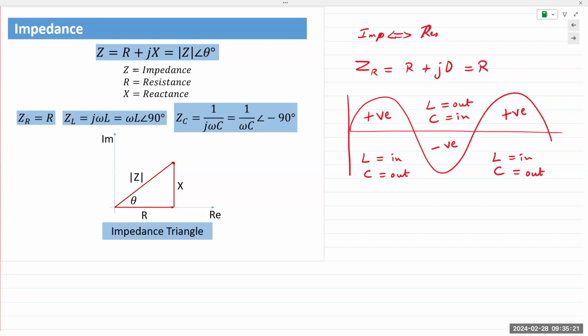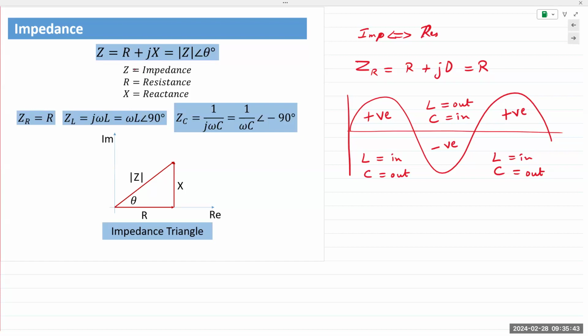It sets up a magnetic field. And then the magnetic field gives rise to an opposing EMF, or an opposing voltage, that resists any change in the input current. That opposition is described by the term reactance.